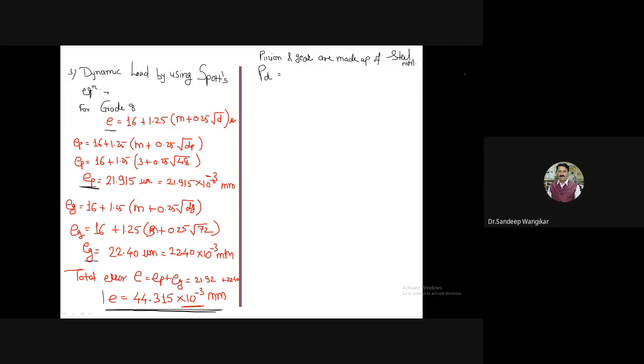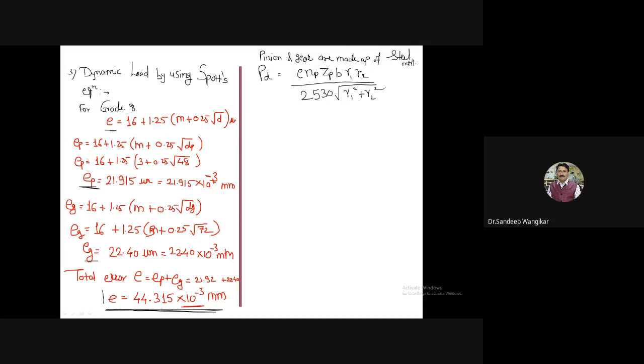So I will write down this formula, the Schwartz equation for pinion and gear made up of the same material: E NP ZP into B into R1 into R2. You can write RP RG also, no problem. Divided by this constant, which is for steel, 2530 under root of R1 square plus R2 square.